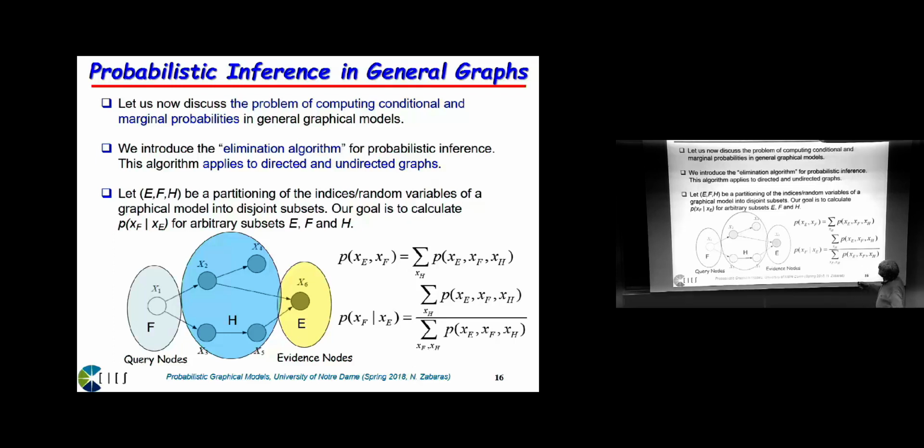Now I'm going to bring in, maybe if not today then on Thursday, undirected graphs that I haven't really discussed in detail, because I don't want to split this lecture on directed graphs and then 3 weeks later tell you the same things for undirected. So I'm going to feed in some information you need to know about undirected graphs and discuss this elimination algorithm for both types of graphs.